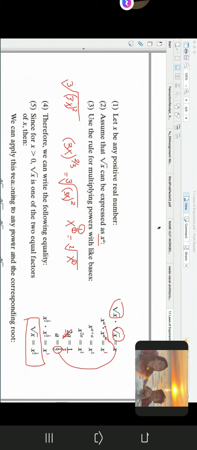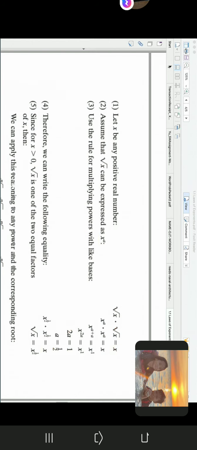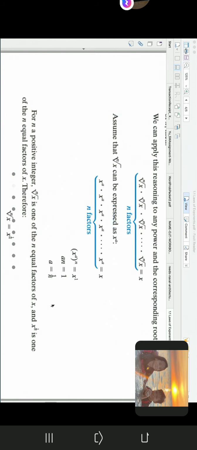Okay, next is an example applying the rules of radicals. So square root of 8 times square root of 2 is equal to, when you multiply 8 times 2, that is 16. So that's square root of 16, which is equal to 4.